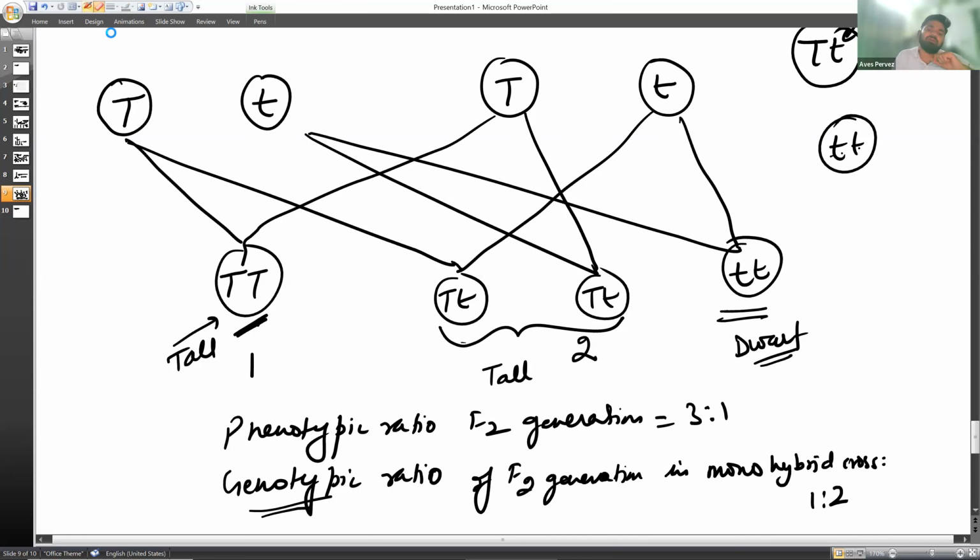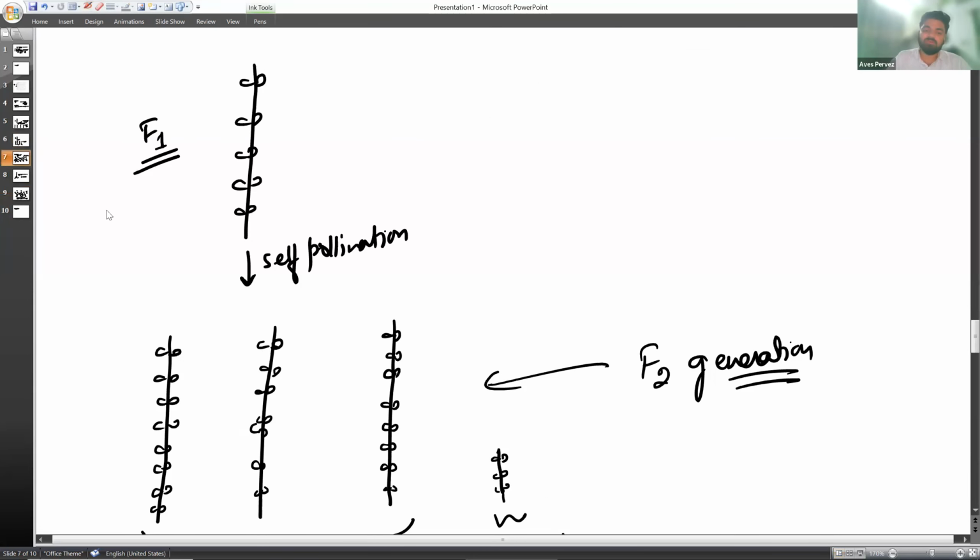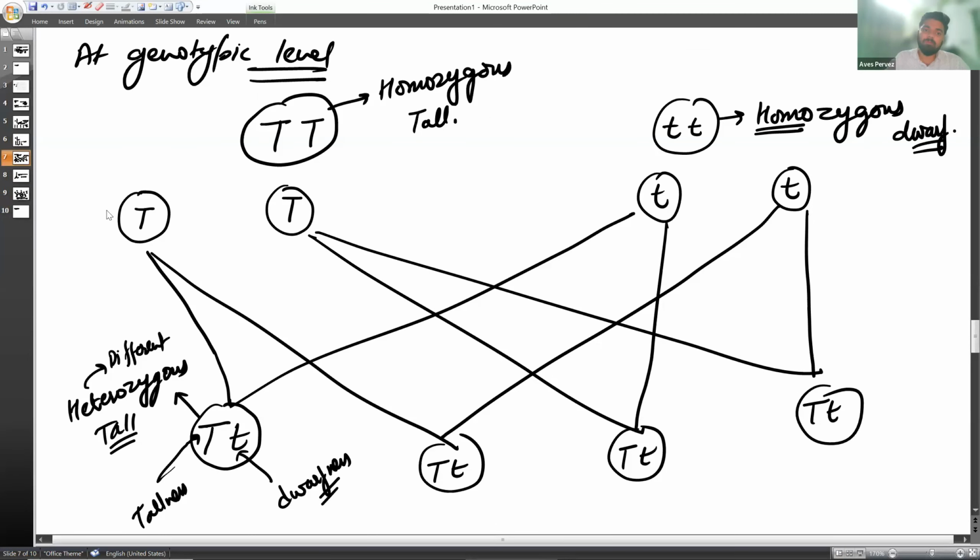Got it? Cleared? Cleared? Yes, sir. Are you getting this one? Yes, sir. Mm. Have you noted this one? This all? Have you drawn this one all? Yes, sir. This one drawn?